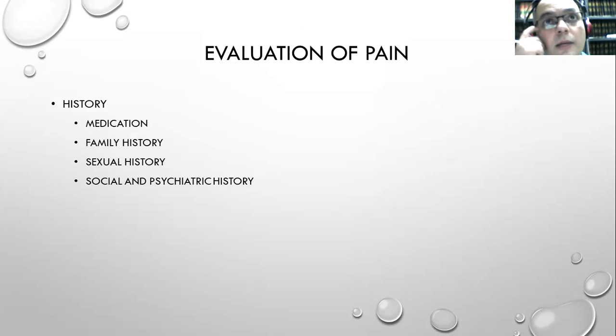In history, we need to look at other points also. We need to take a detailed medication history. Some medicines like atropine can precipitate pain. So we need to know whether the child is on some medication.